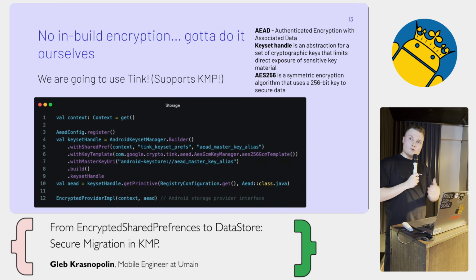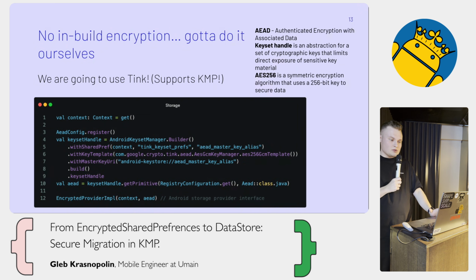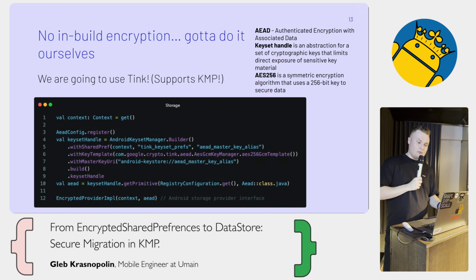It's like as goes on the slide. You first create your master key. You choose the key set template. You can choose your own, but this is the most common one, AES 256. It's a symmetric encryption algorithm that uses a 256-bit key to secure data. That's the most popular one, and we went for it.